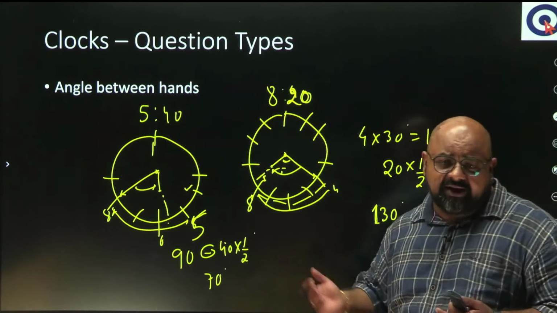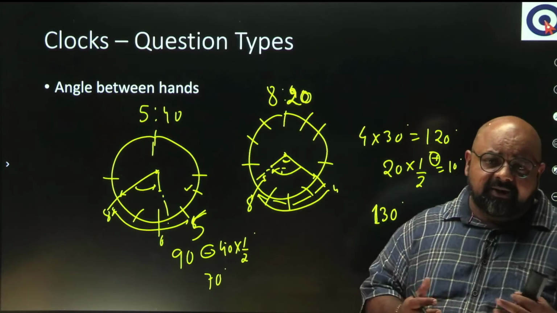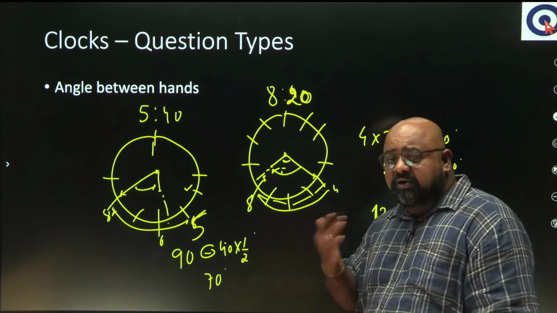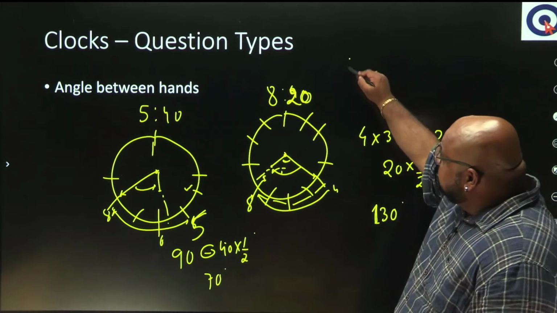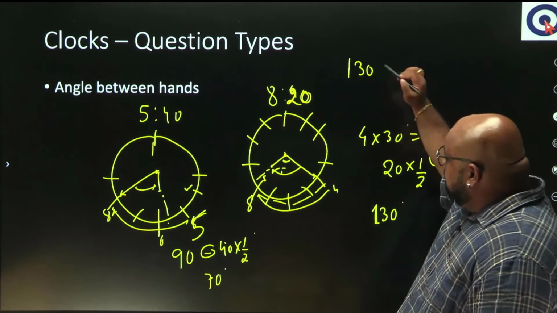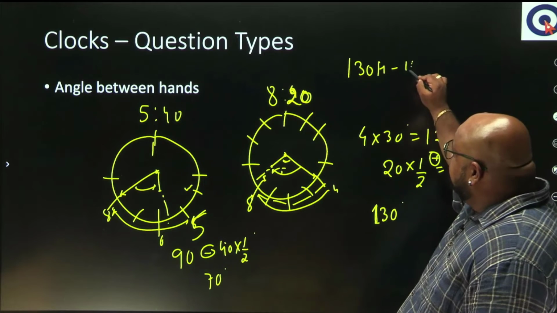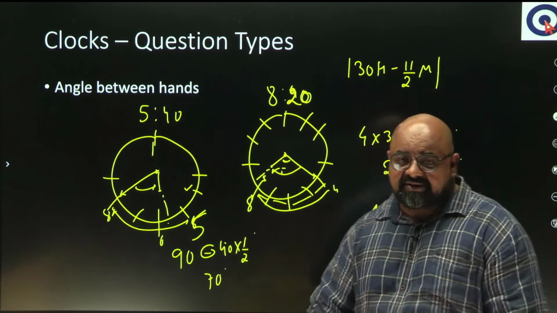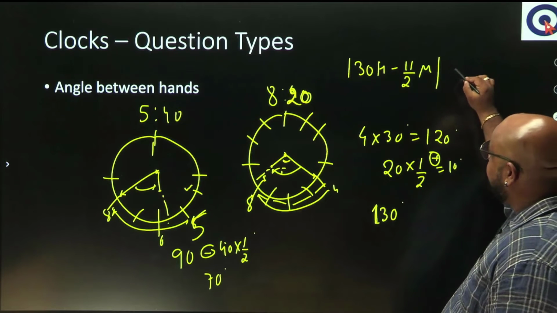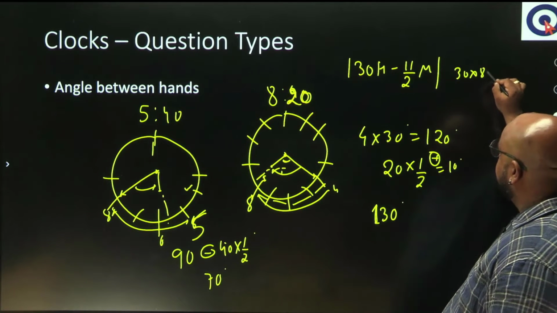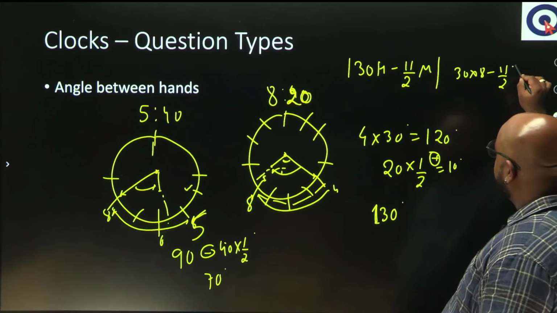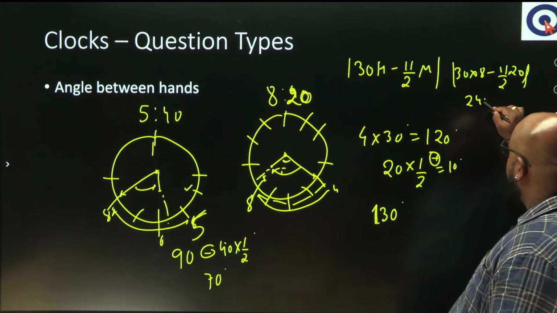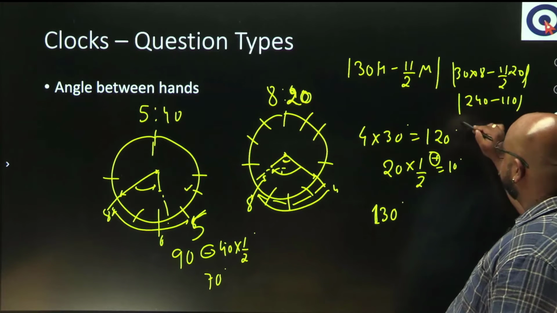The intent of telling you this is so that you don't have to remember this, and you're able to do it by yourself in the exam. Or you can use a formula directly, which is mod of 30h minus 11 by 2 m, where h is the hours, m is the minutes. So if I put the value of 8:20, I'll get 30 into 8 minus 11 by 2 into 20, mod. So 240 minus 110, which is 130.